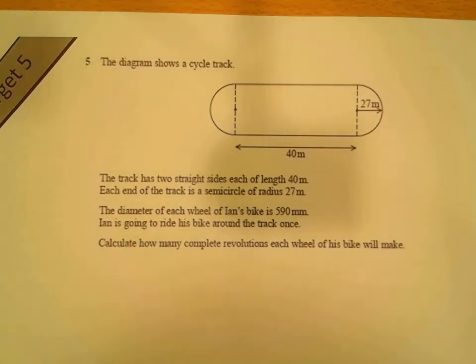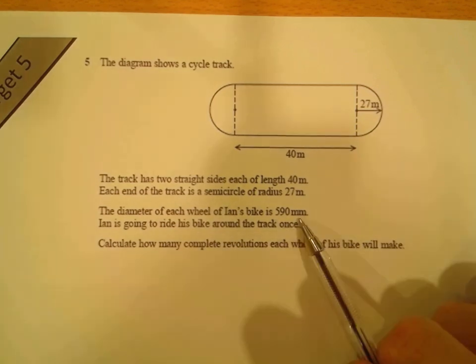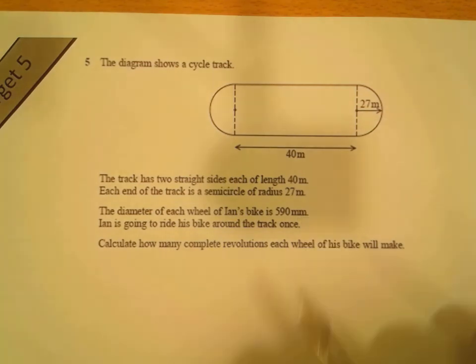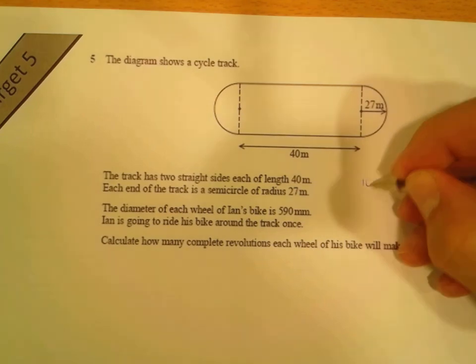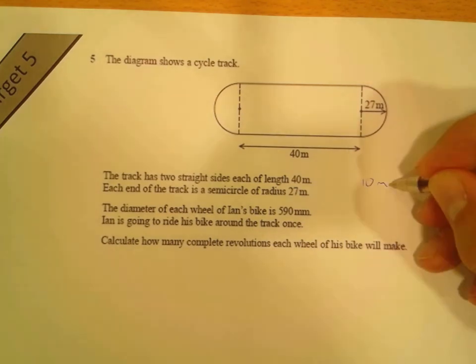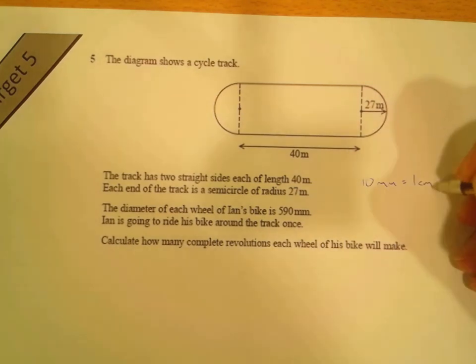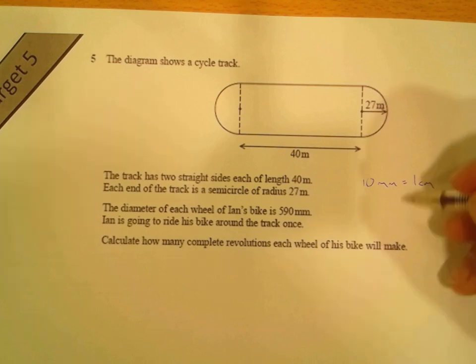So, first of all, the thing I notice is that his wheel is in different units to the rest of the measurements, so perhaps we'll change that one first. 10 millimetres equals 1 centimetre, and 100 centimetres equals 1 metre.